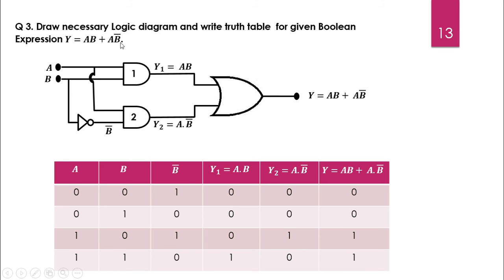For this Boolean expression, first we need two AND gates in order to multiply the two variables, that is AB and A dot B complement, one NOT gate in order to invert the input signal, that is B complement, and we need one OR gate for addition of the two output signals of the AND gates.